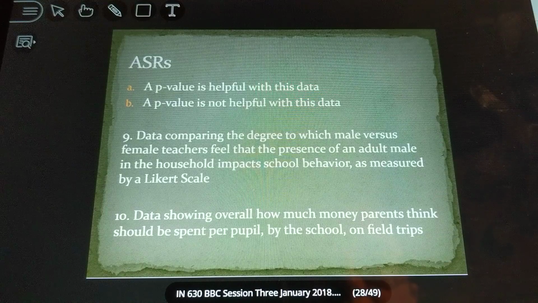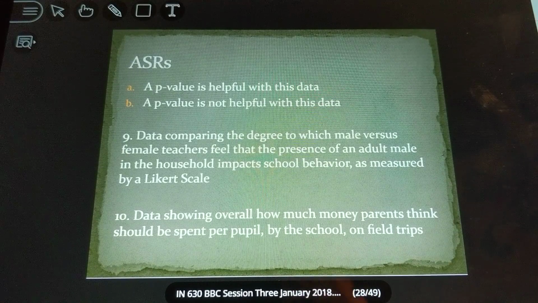Yeah, you're right. The answer to 9 is A. A p-value would be helpful here, absolutely. Okay, good. I want you to think about that because a lot of people didn't have that one right.